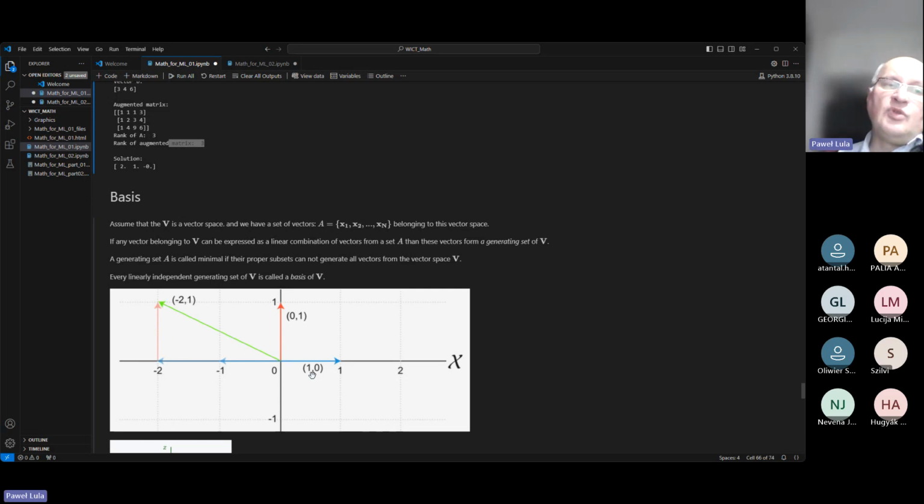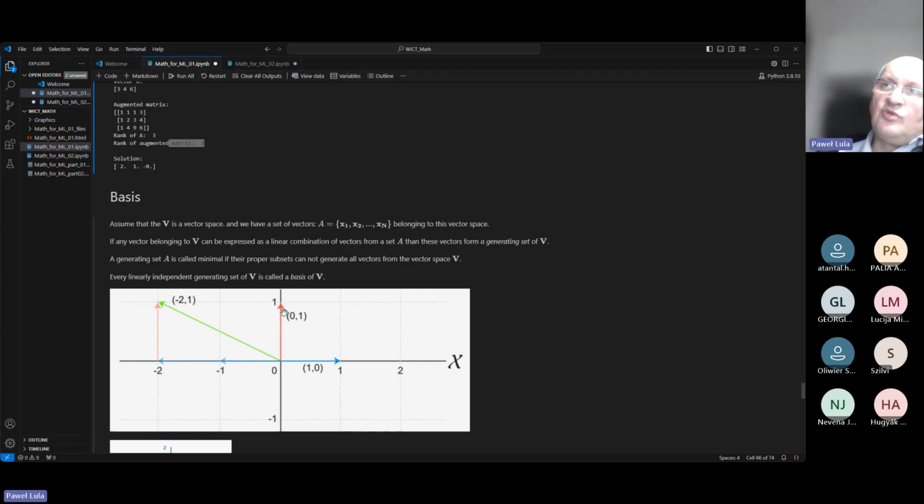And using these two operations, we can define a set of vectors, which is called the basis for this vector space. A set of vectors.